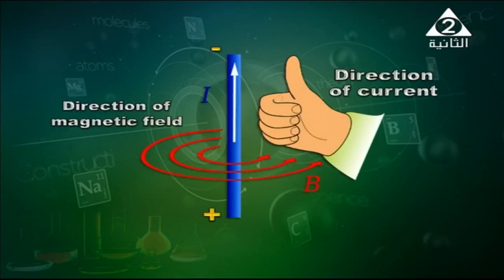Here we've got a wire. The current flows in the wire. First of all, we have to determine the conventional direction of the current. It flows from positive to negative. The wire is grasped in the right hand with the thumb pointing in the direction of the current. Curl of fingers will give direction of field.